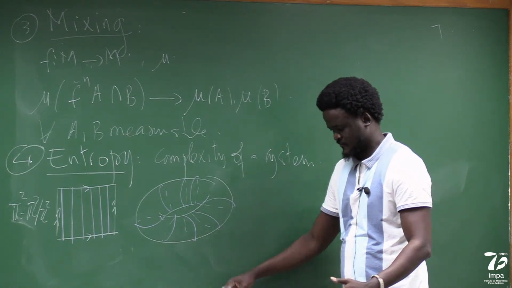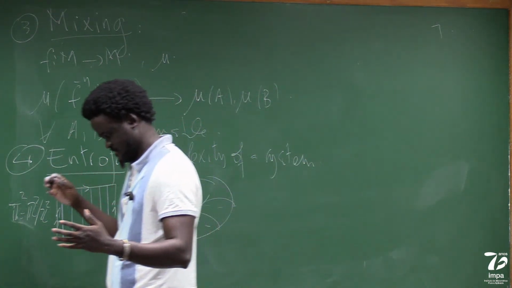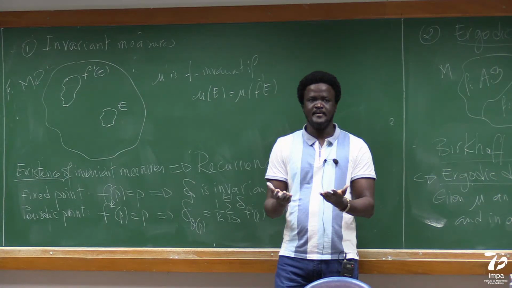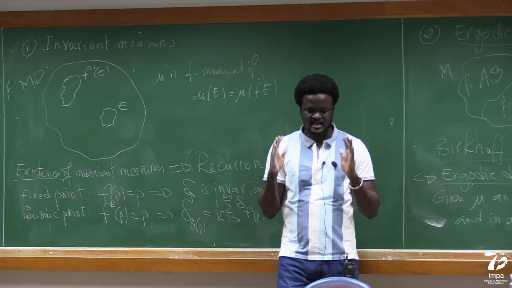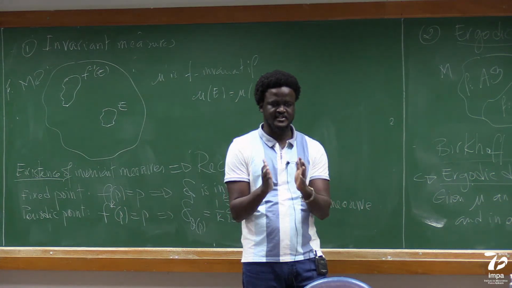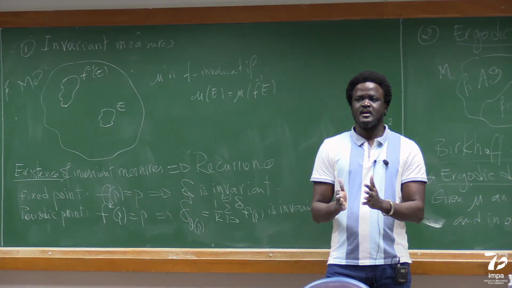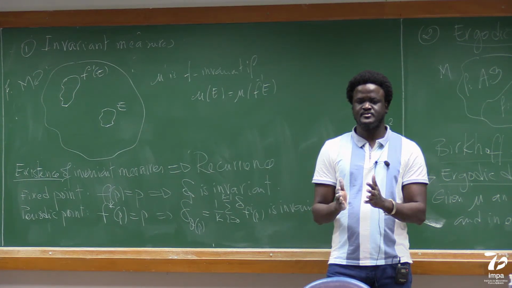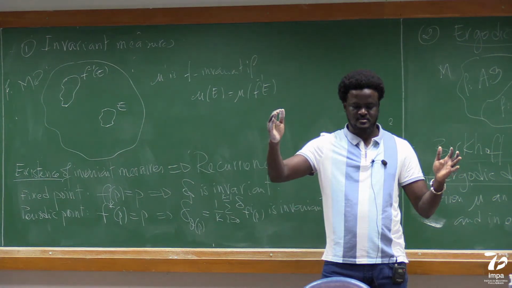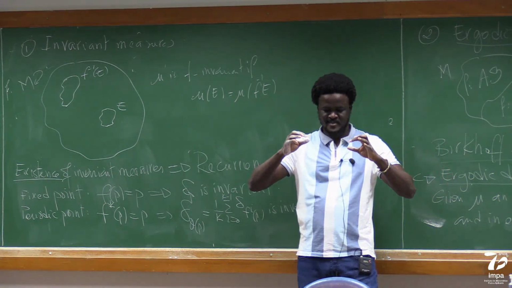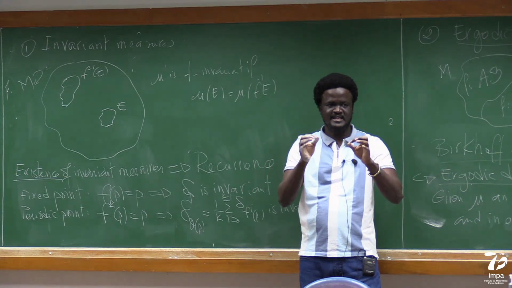So in this case, for me, I think of positive entropy as looking at distinguishable orbits. Let's say I fix a scale epsilon, and I'm looking at orbits of length n. I don't zoom in; I'm blind to anything smaller than epsilon.